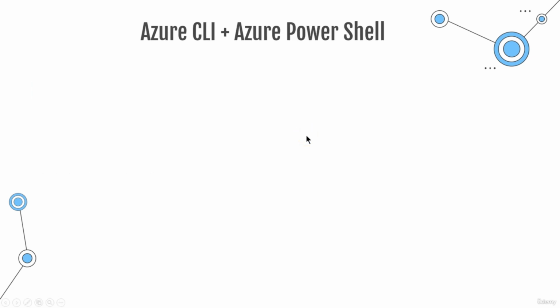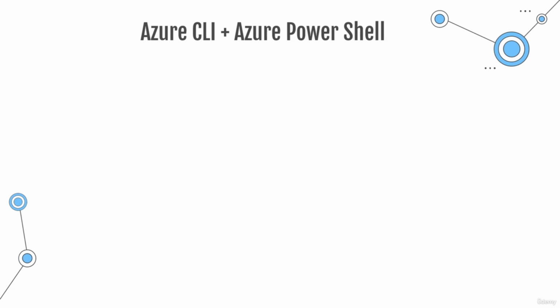In the last lecture, we've seen that we can use the Azure portal to learn Azure and to create resources in a very easy way. But now if we have some bulk tasks and we want to automate things by using scripts, then we want to have a look at the Azure CLI and Azure PowerShell. So what are these two tools?